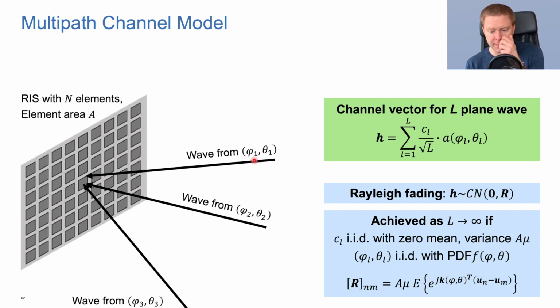Then we assume that the wave is coming in from IID angles from a certain probability density function, or PDF, f. Then we can compute the covariance matrix for these signals by taking, for every element, the corresponding element from here. We take the location that this element has, the nth element and the mth element, with their locations u_n and u_m, and both of them had as their phase shifts the inner product of the location with the wave vector.